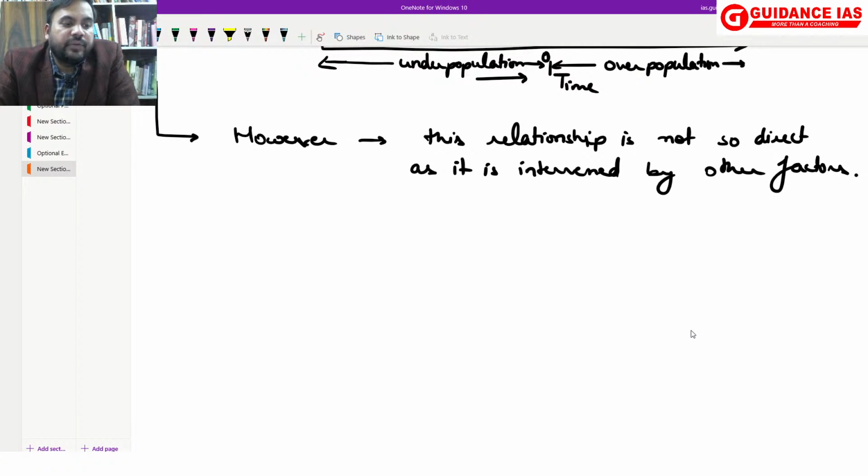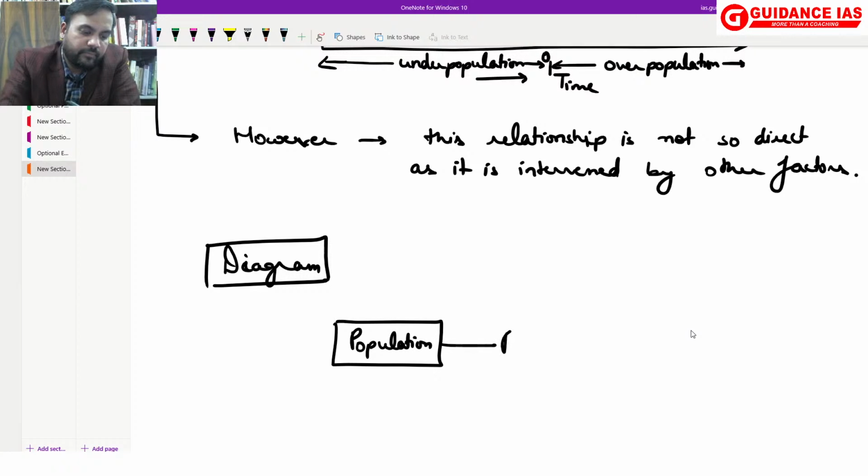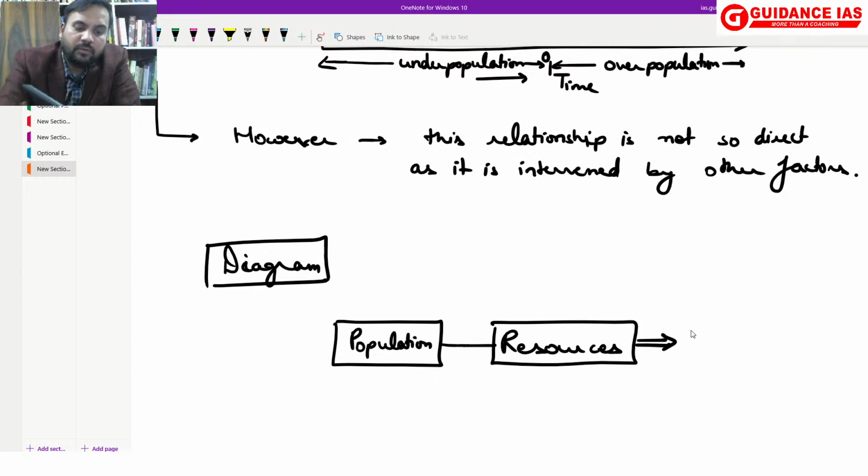Here you can make a diagram, and that diagram which I had drawn earlier, where you can talk about population and resources, they combine to provide level of development, or I would say standard of living.